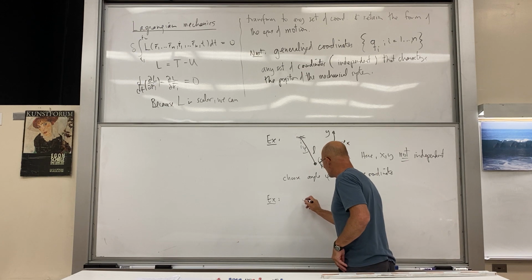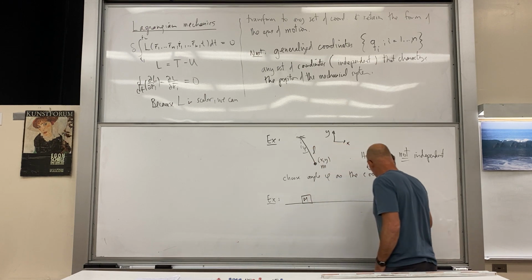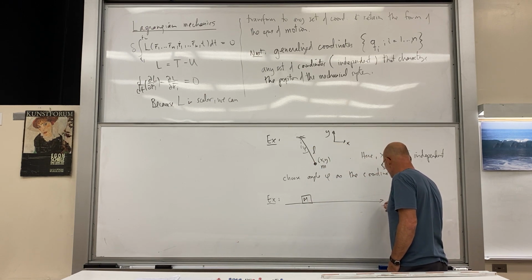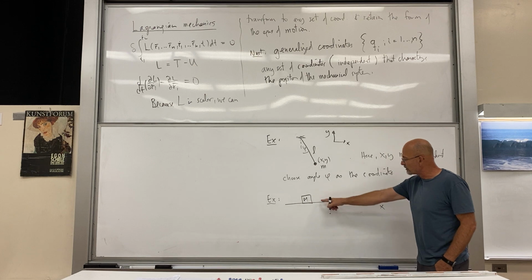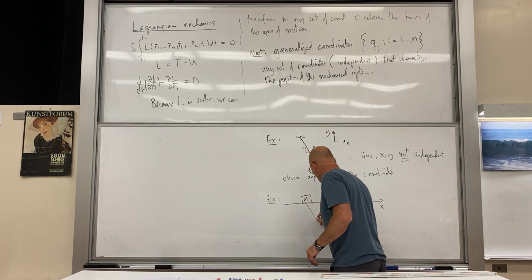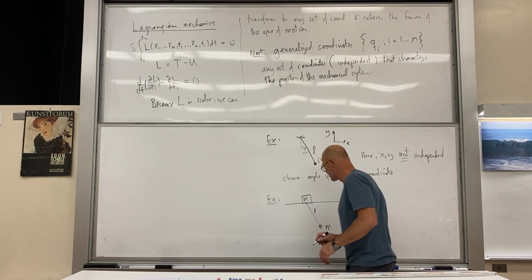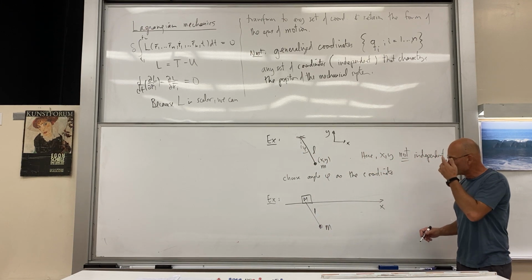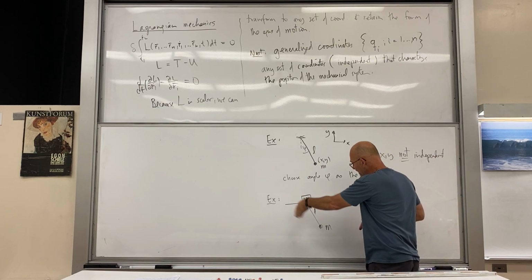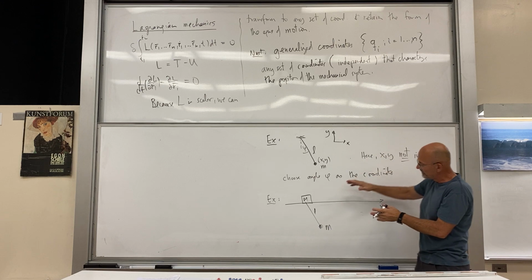is if we were to have a block on a frictionless track. Okay, so here is our x-axis. There's a block on a frictionless track, and we're hanging a pendulum here, lowercase m, length L. So now this pendulum can swing, and it would have had these 2 degrees of freedom.